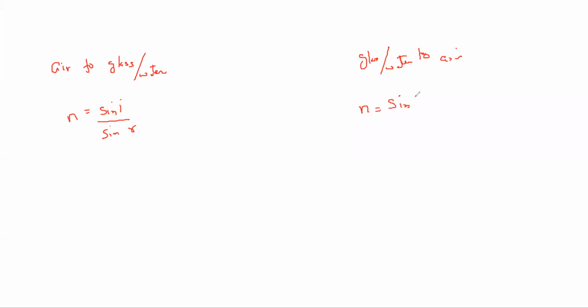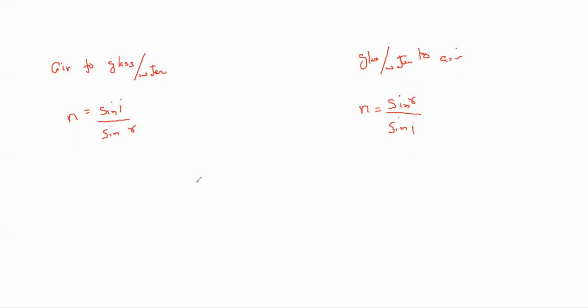If in a question light travels from air to glass or water, then the formula for refractive index equals sine I over sine R. But if it is moving from glass or water to air, then the formula equals sine R over sine I. So it's upside down, depending on the condition or the question.